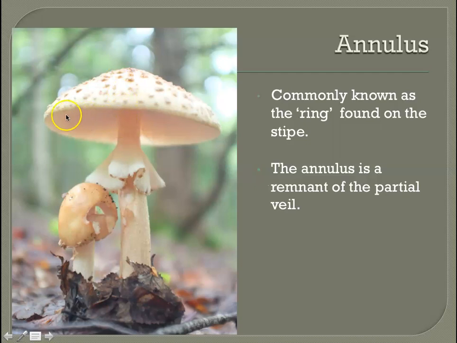This partial veil covers the gills as they develop. So before slugs got to this little guy, the gills were protected by a partial veil under here. And as the mushroom grows and opens up, as the cap opens, that veil will tear off.